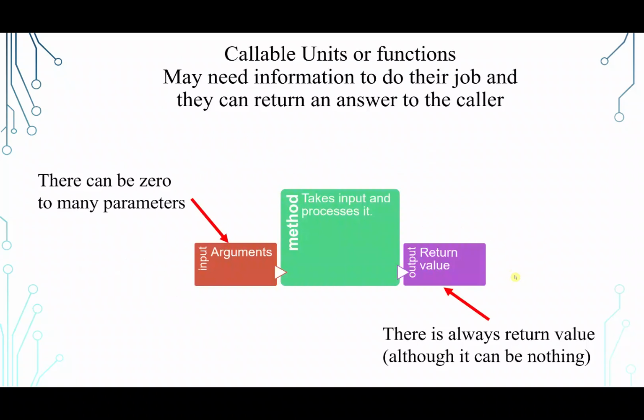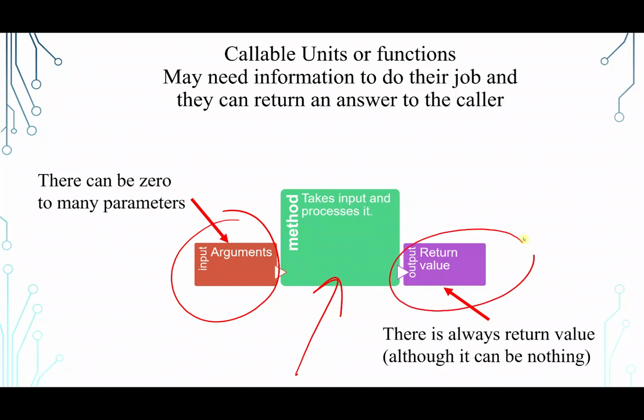There are zero to many parameters to the function, and there is always a return value, even though it could be nothing. Nothing is still considered a return value because we return nothing, but we certainly do something inside of the function. The callable unit may need information to do its job, and it can return an answer to the caller.